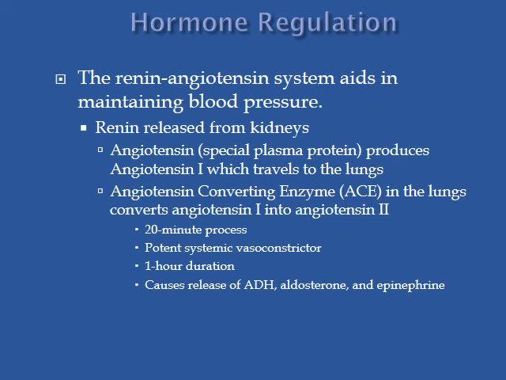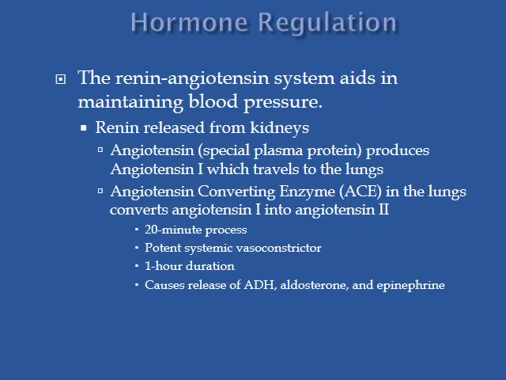All right, let's flash back to hemorrhage and shock class. The renin-angiotensin-aldosterone system aids in maintaining blood pressure. So that renin is released from the kidneys because it's stimulated from angiotensinogen that comes from the liver, sent to the kidneys, and that renin is released from the glomerulus.